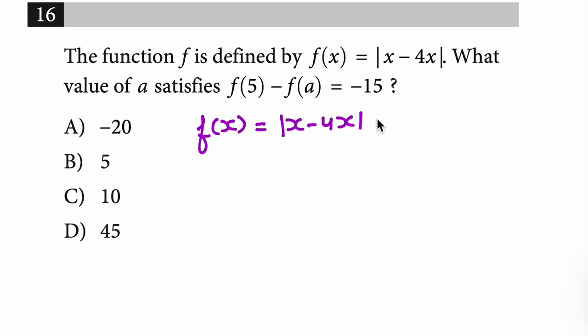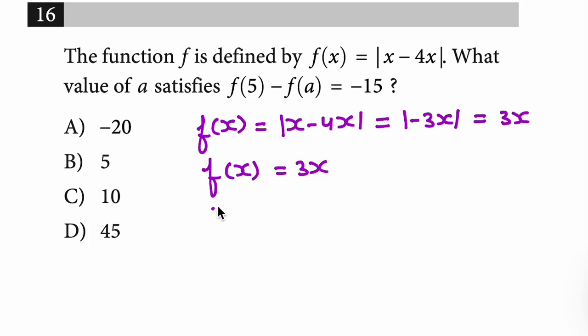So let's solve it and minimize the calculations. x minus 4x, these are like terms, so that is equal to the absolute value of negative 3x, which is 3 times the absolute value of x. Let me write f of x is equal to 3x. F of 5, replace x with 5, so 3 times 5, which is 15.